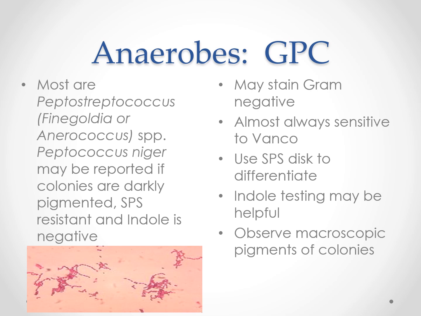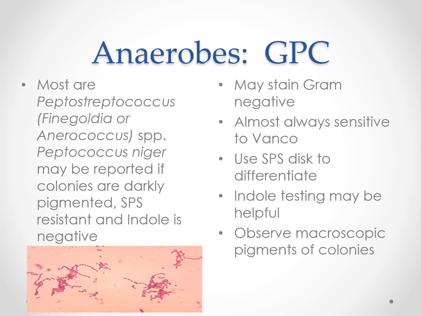We can use an SPS disc to differentiate whether we have Peptostreptococcus, which is SPS sensitive, or Peptococcus niger, which is SPS resistant. Some old Peptostreptococcus are asaccharolytic and are indole positive, but most aren't speciated. Most of the time, if we have a non-pigmented SPS sensitive gram-positive cocci, we're going to call that Peptostreptococcus.